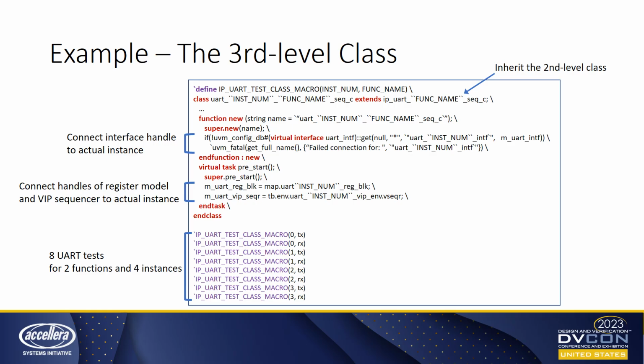You can see that the actual instance of the interface, register model, class, and VIP sequencer is connected to each handle. Therefore, code changes by product or test bench configuration occur only in this layer's classes.